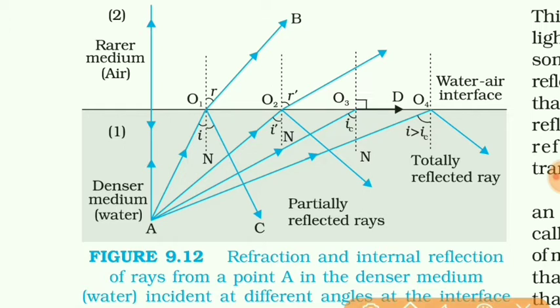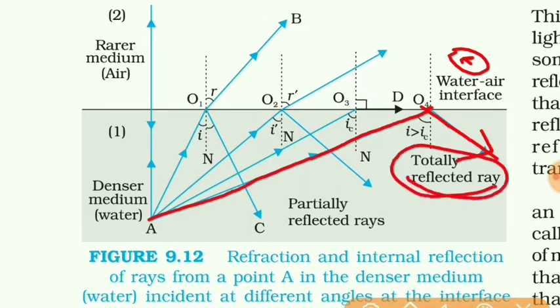That means this ray which is incident at point O4 will not refract. That means it will not move into the next medium, that is, air. It will be reflected back in the same medium. So this is nothing but total internal reflection.